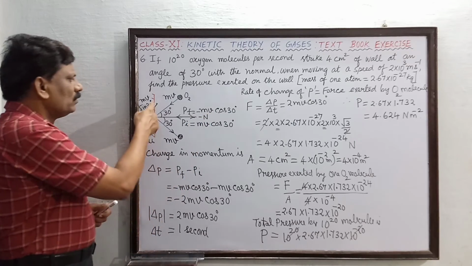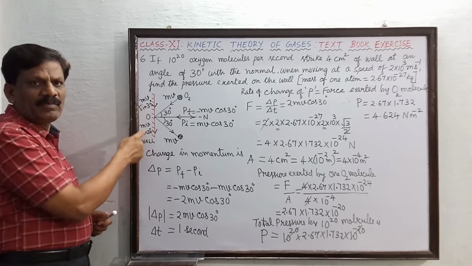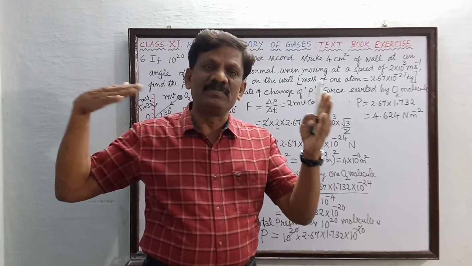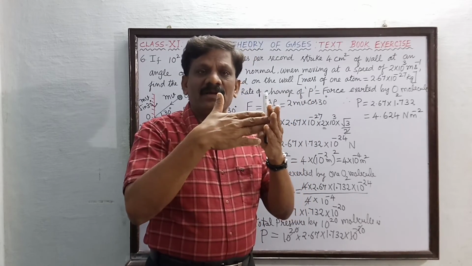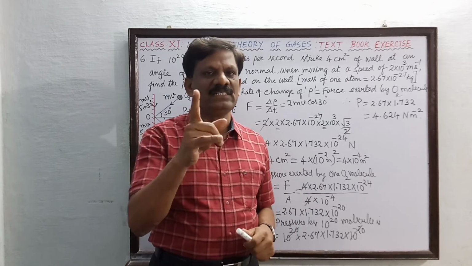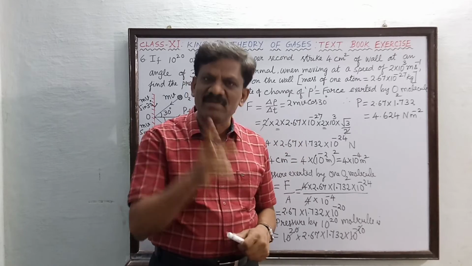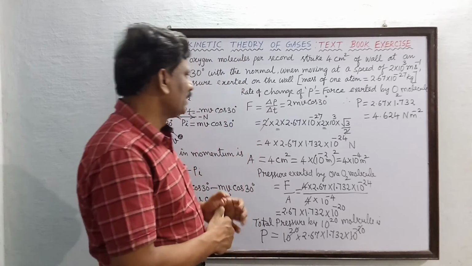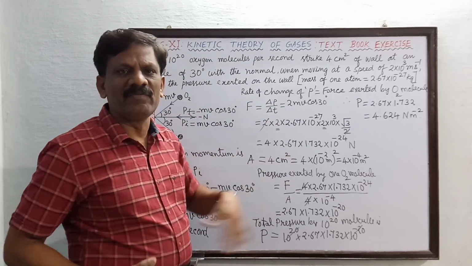After collision also I will resolve the components, the horizontal component along the normal and the vertical component along the wall. Now the components along the wall do not contribute to the pressure, is it not? The molecule exerts pressure perpendicular to the wall. That is why the other components we don't consider. So only its change in momentum along the x-axis must be considered. I hope you have understood this. Then the change in momentum by time will give you the force exerted.